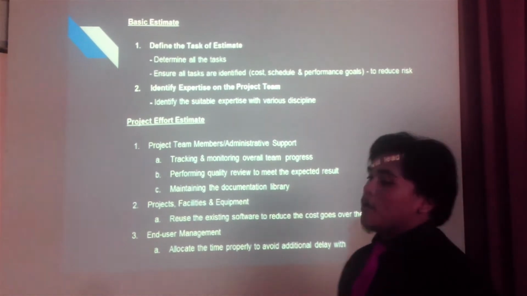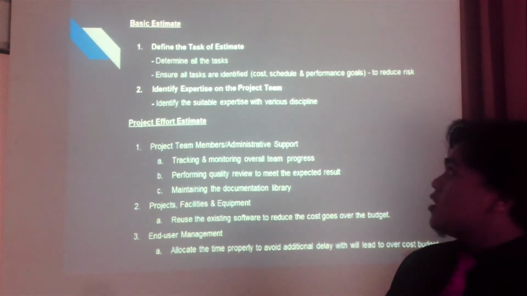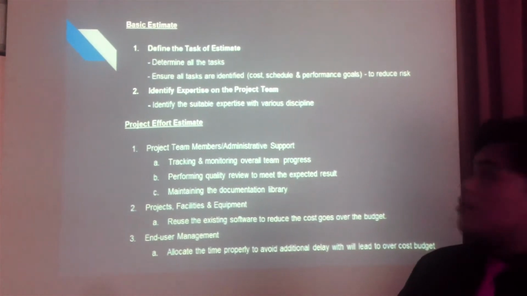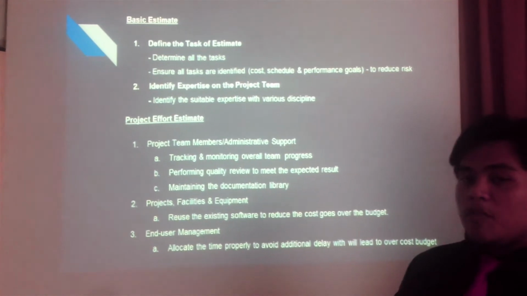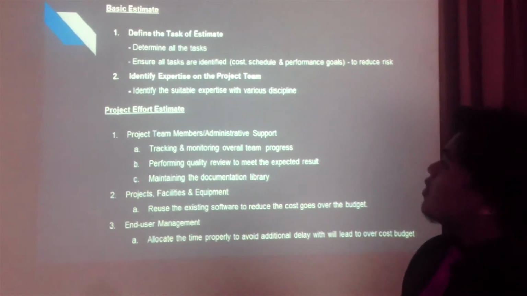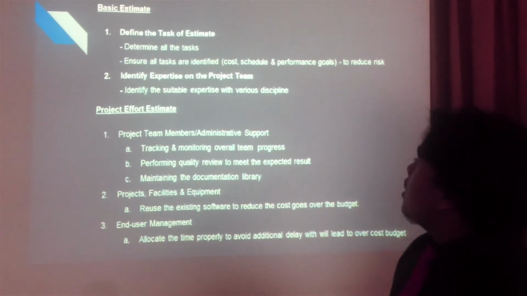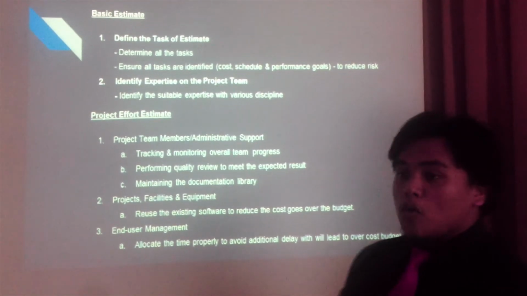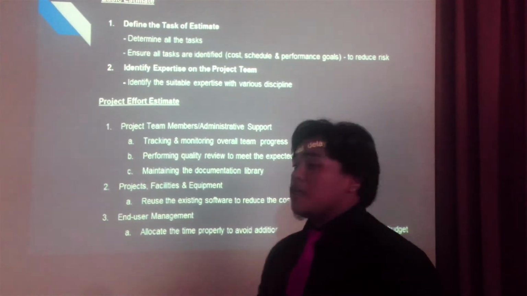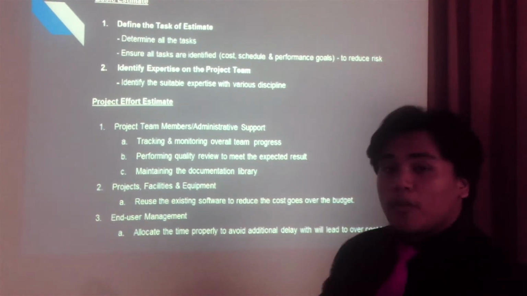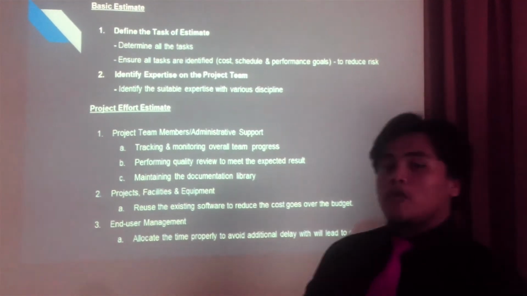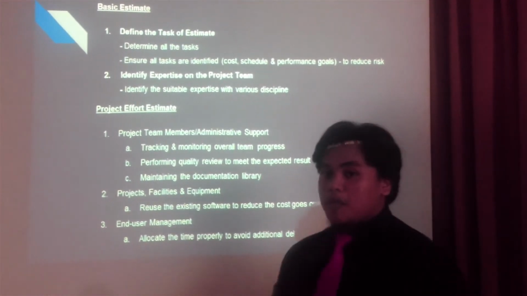For the basic estimate, there are 2 tasks. One is to define the tasks of the estimate, which is we determine all the tasks that we need to do, and then we ensure all the tasks are identified based on cost, schedule and performance goals to reduce risk. Next is to identify expertise on the project team, which is we identify the suitable expertise with various disciplines.